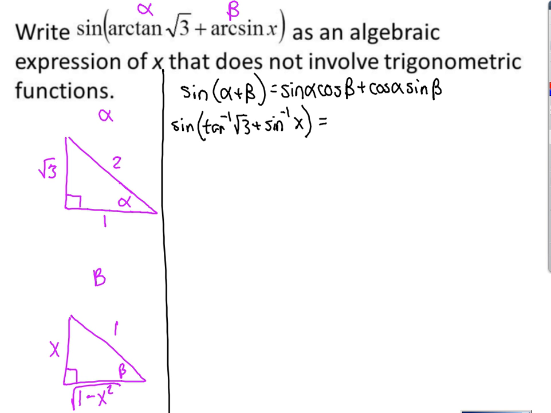So because we did decide this is a sine sum problem, we know the sine of alpha plus beta is equal to sine of alpha cosine of beta plus cosine of alpha sine of beta.